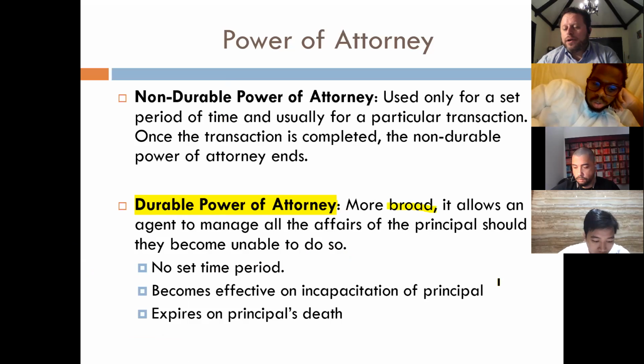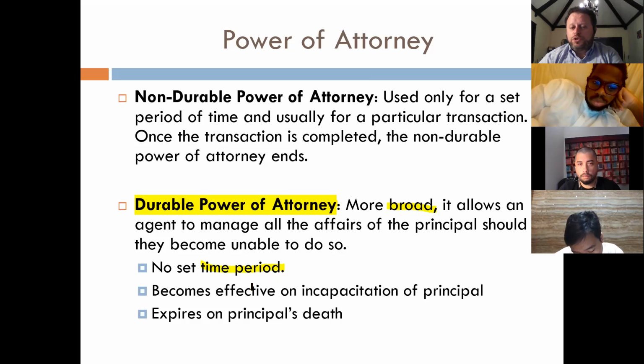Let's say that I say in this document, on January 1st, Jody will become my agent as durable power of attorney. That means anything I could do for the business, he can do. There's no time period. It doesn't say 1 week or 1 month. It's just until I come back.